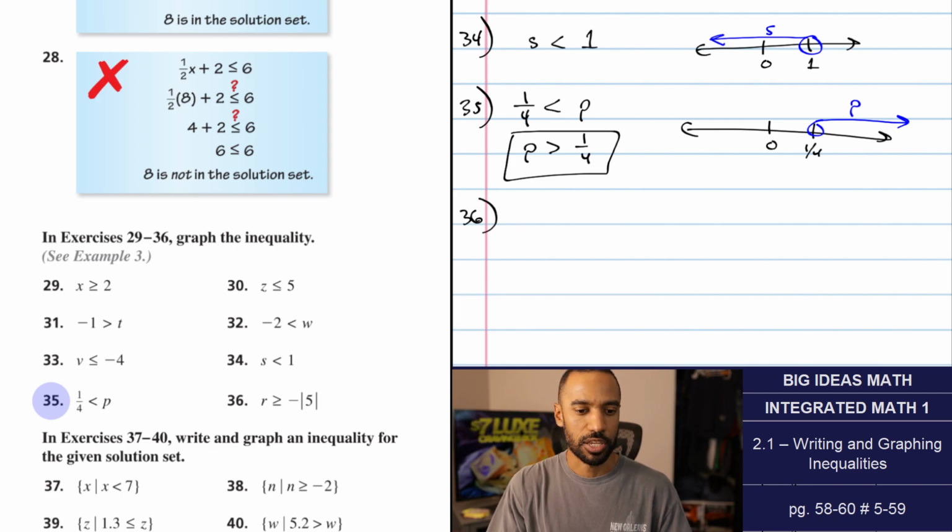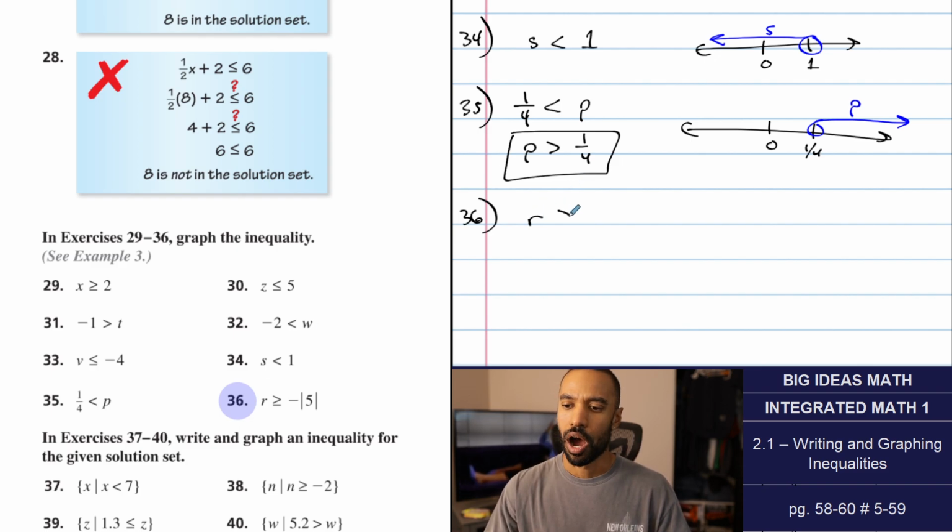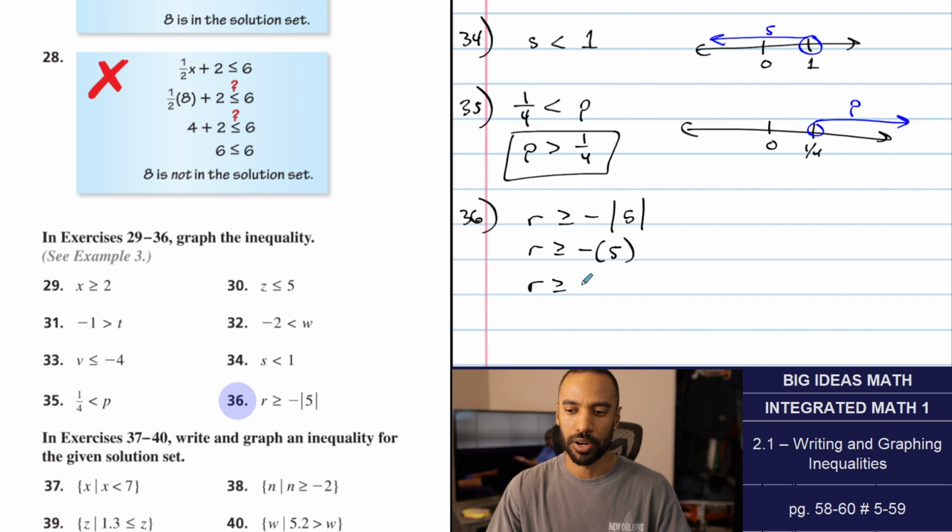Number 36, the last one from this set, r is greater than or equal to the opposite of the absolute value of 5. I think it's best that we take the absolute value of 5, which is 5, but the negative still sits on the outside of that, keep in mind. So r is greater than or equal to -5. Not much to state on this one other than just draw it like that.